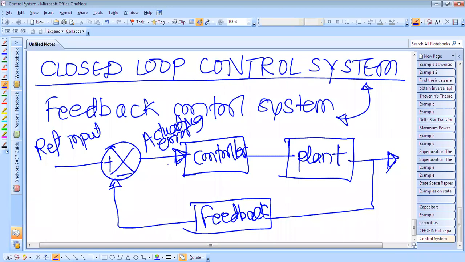Whatever error signal is generated is given to the controller, and the controller will actuate the system in such a way that you can obtain an output very close to the desired output. So this is about the closed loop system.